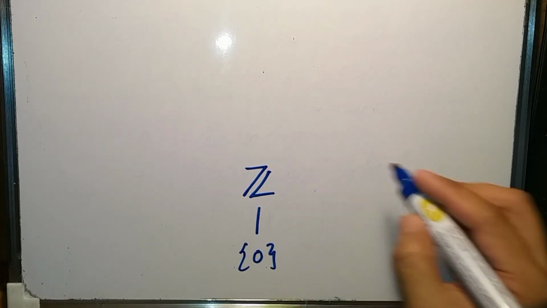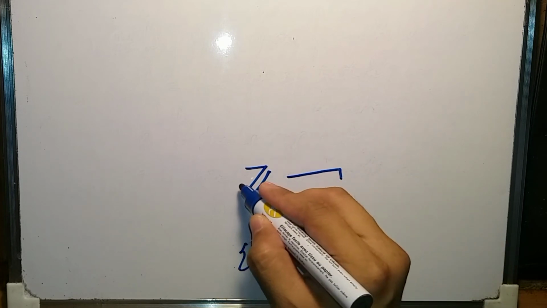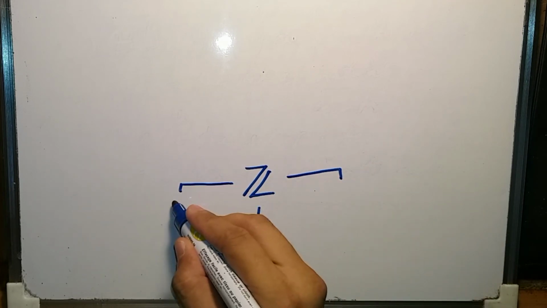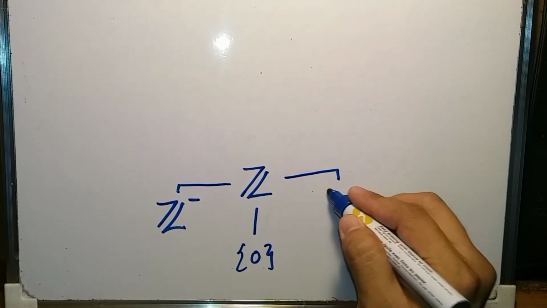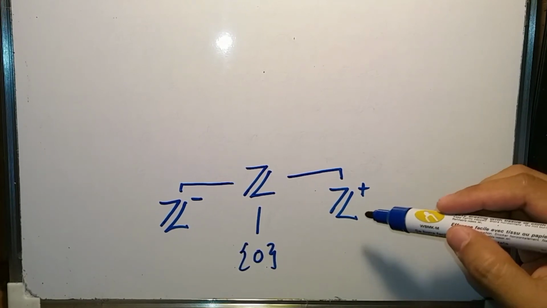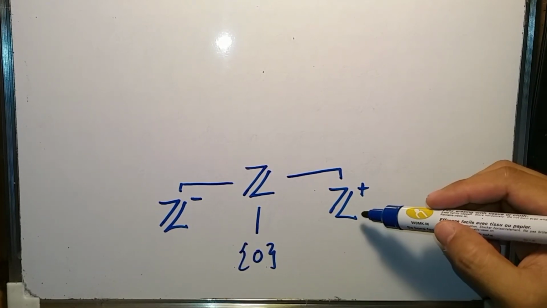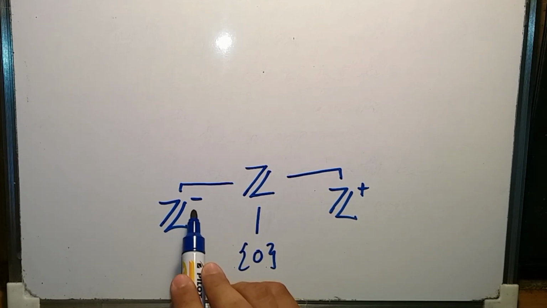So the integers have two parts. We have Z minus and Z plus. Z plus pertains to the set of positive integers, while Z minus pertains to the set of negative integers.